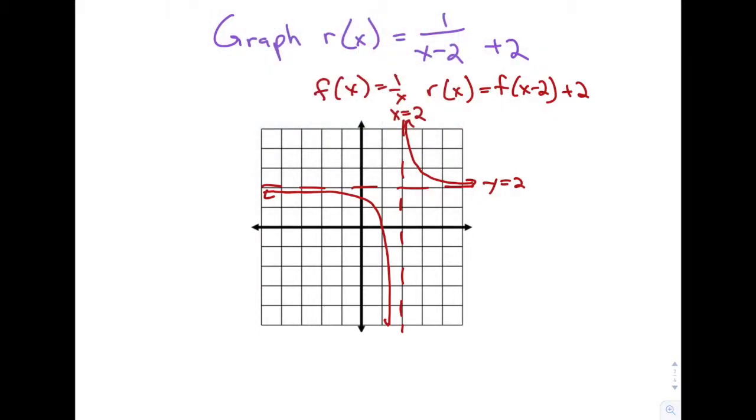So, let's start on the really positive side. We're starting on the really positive side, and we're slowly making our way along here. And as we approach the asymptote, what's happening to the y value? The y value is getting really large, right? It's going to infinity. The smaller the number is in the denominator, the bigger the function is.